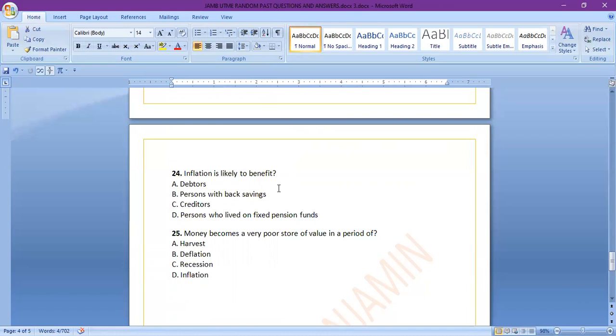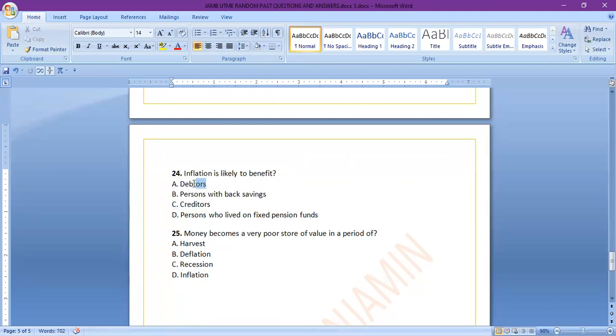So who tends to benefit from inflation? The answer is creditors. Yeah, why? Because as a debtor, sorry, my mistake.